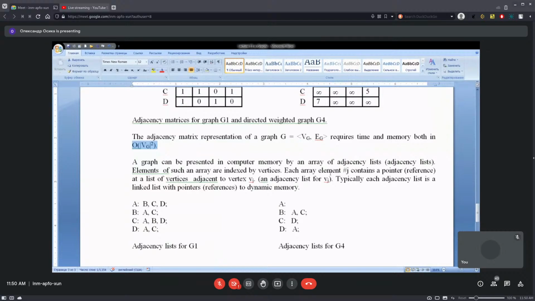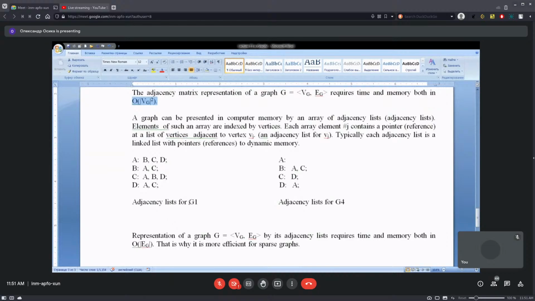Each array element, number j, contains a pointer or reference to a list of vertices adjacent to vertex v sub j. An adjacency list, so a reference, a link to the adjacency list for vertex v sub j. Typically, each adjacency list is a linked list with pointers into dynamic memory.